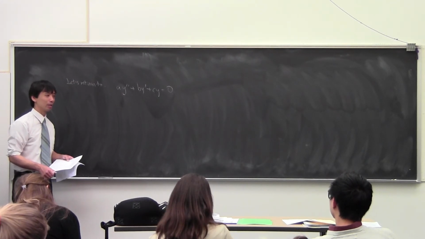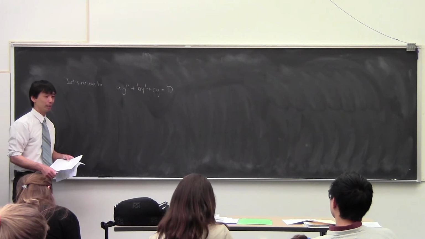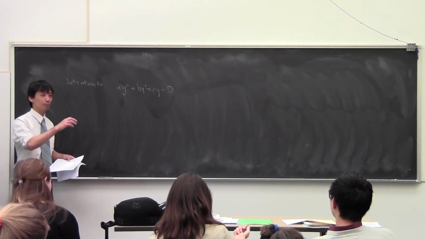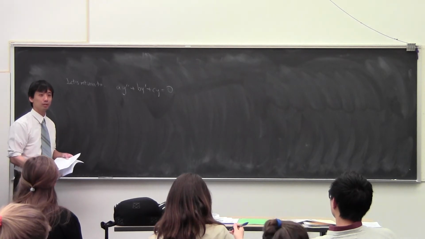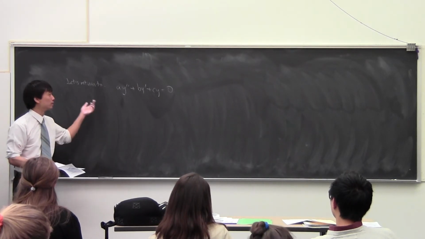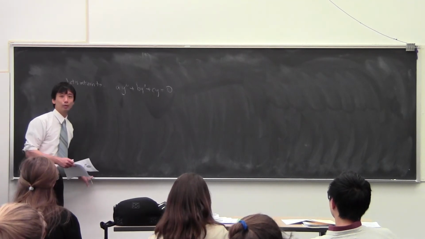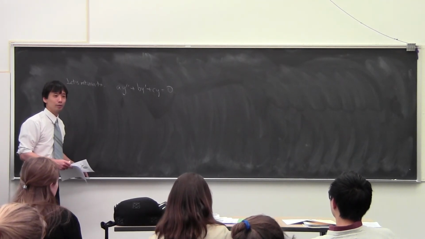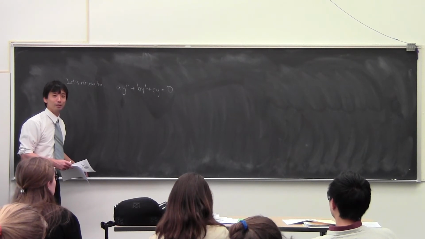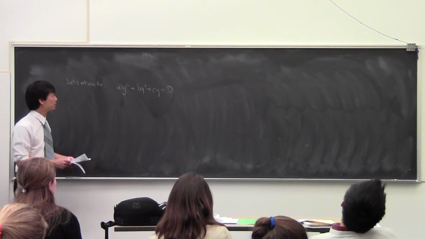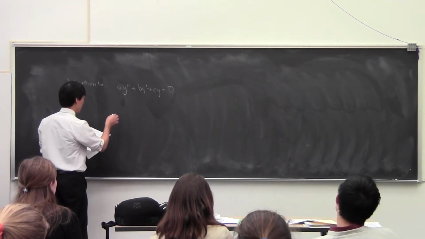We solved it, and then any solution is going to be c1 e to the lambda 1 t plus c2 e to the lambda 2 t, as long as those have different roots. At that time, people asked, is this characteristic polynomial the same thing as the characteristic polynomial that I learned in linear algebra? And the answer is yes. So here's the connection.